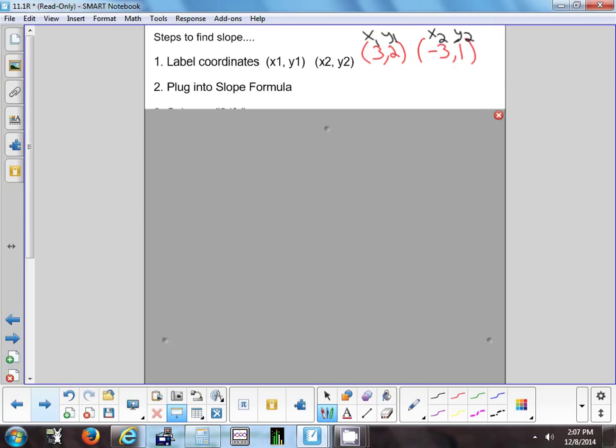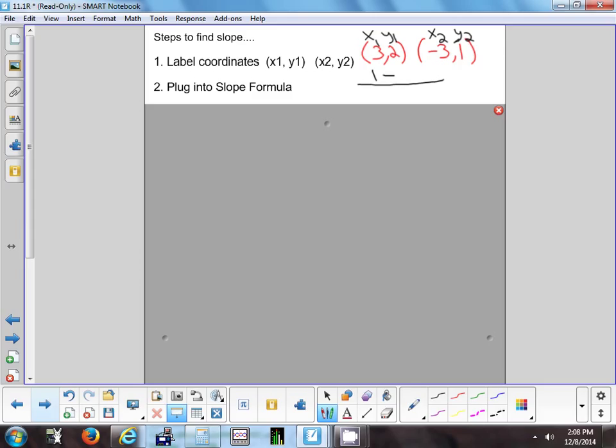Next thing we want to do is plug these into the slope formula. So I got my line. Just a little more space, right? And it's y2. So which coordinate, Emma, which one is y2? 1. After 1 comes what? In the formula, what's going to separate the two y's? Minus sign, good.